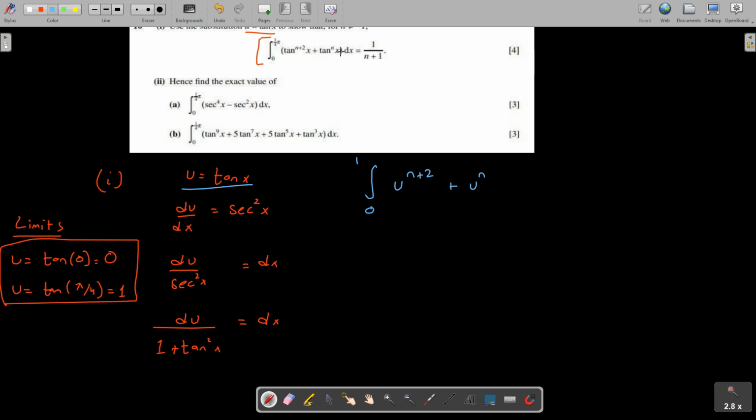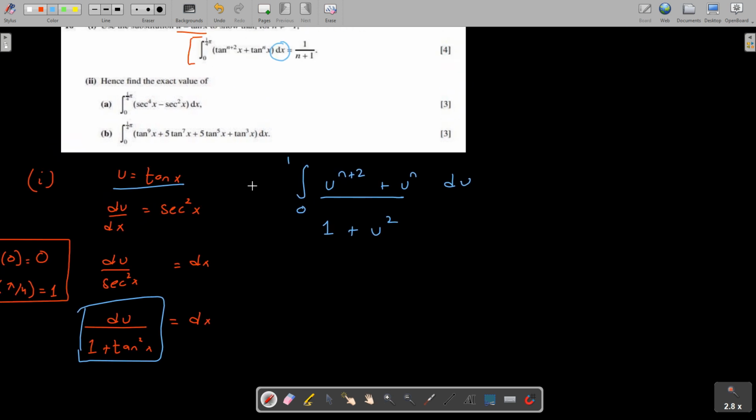Now instead of dx, we substitute this, so let's write du over 1 plus, and instead of tan squared x, we write u squared, obviously. So this is our new integral in terms of u.